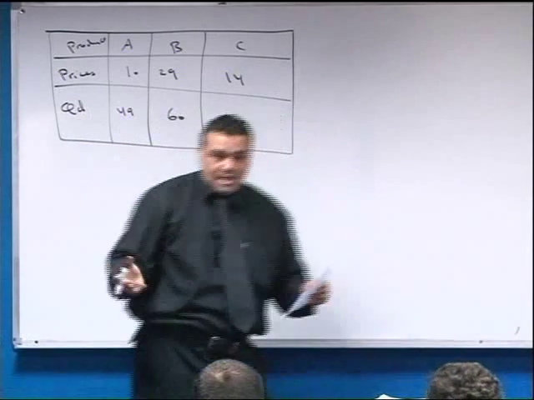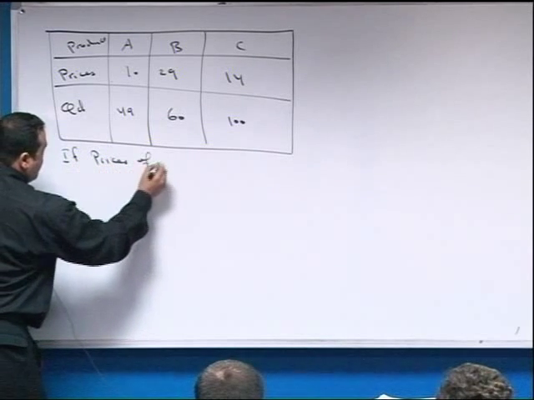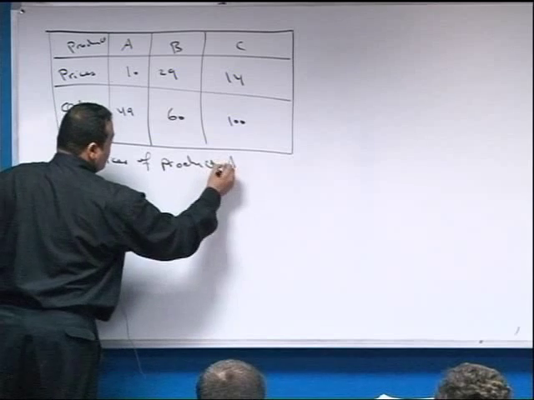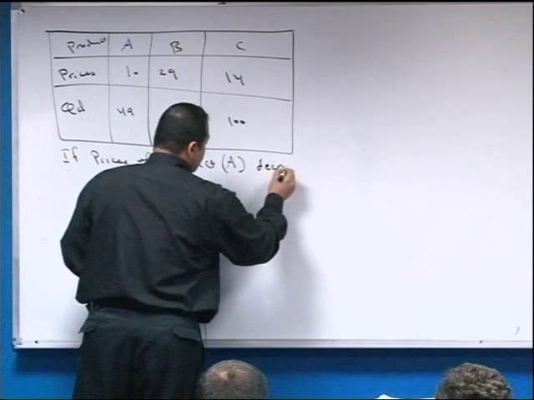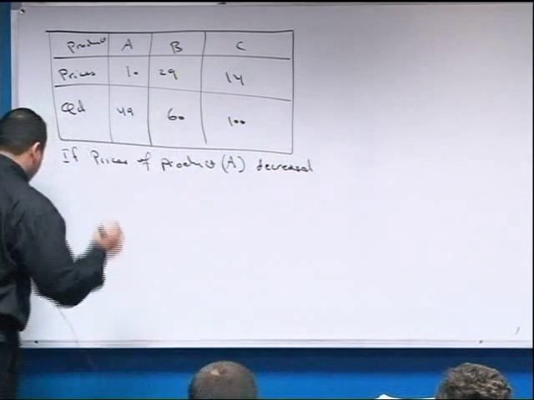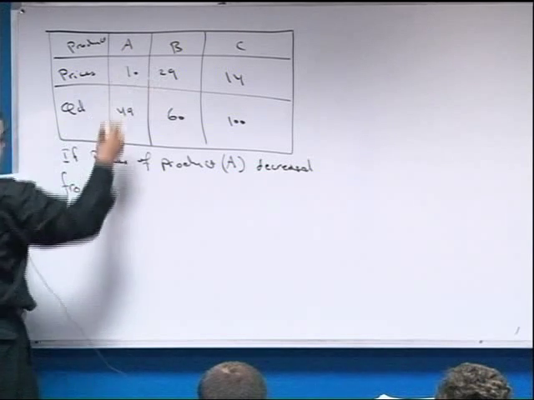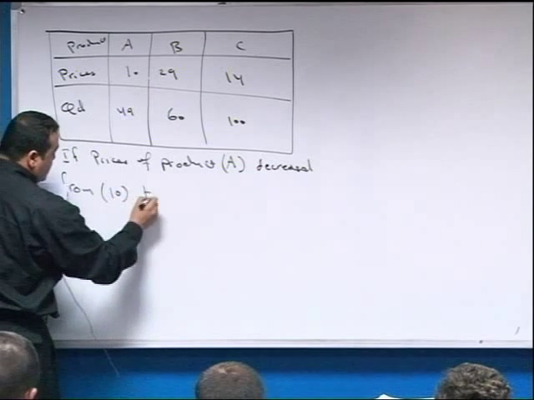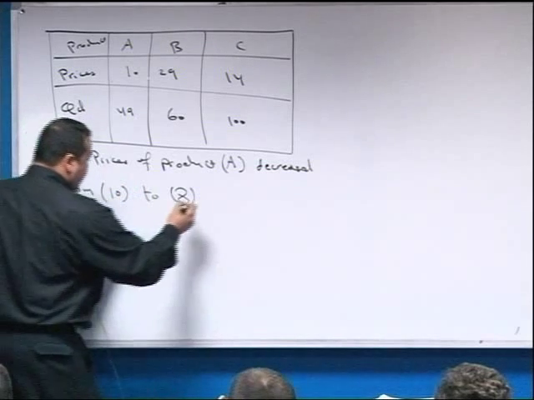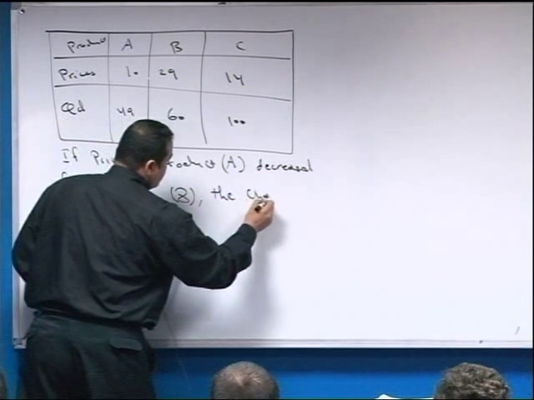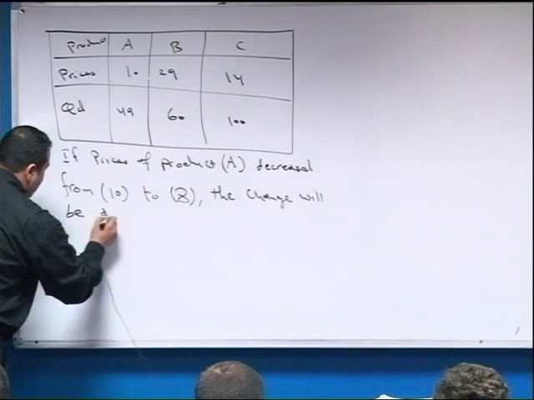If the price of product A decreased from 10 to 8, the change will be as follows.